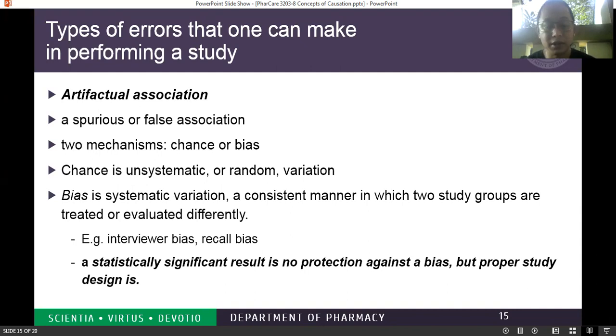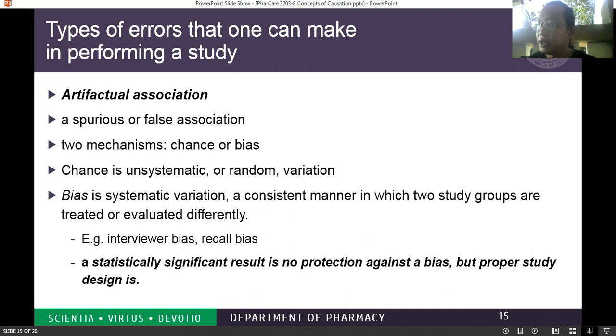The bias, the error. In bias, we are facing systematic variations. Because it is systematic, we have a big problem.